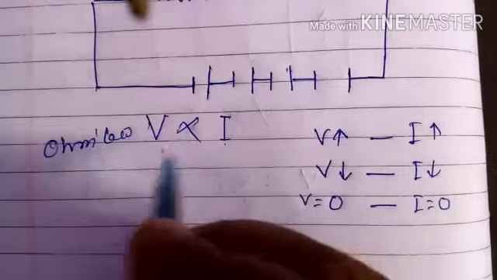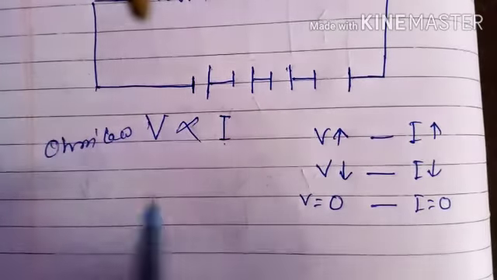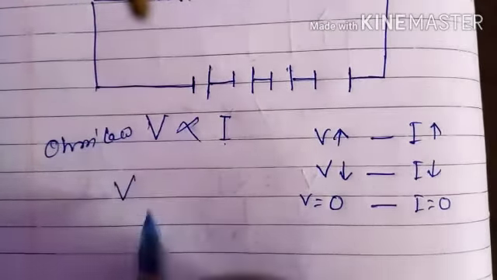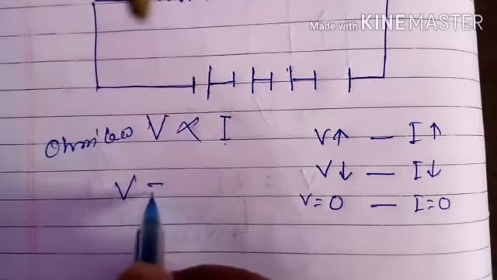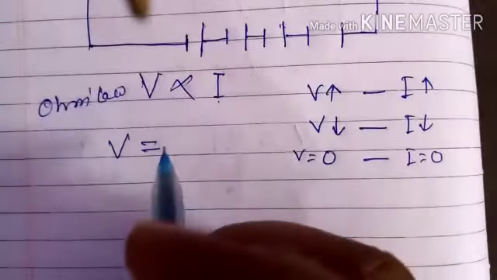Now suppose we want to change this proportionality symbol and make an equation. We can write the same by replacing the proportionality with a constant, and that constant we take as R in Ohm's law, and this R is, students, resistance.